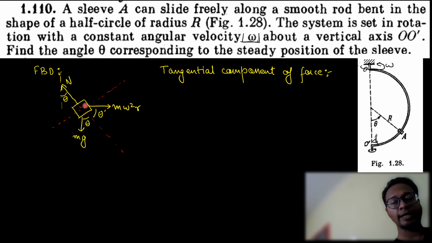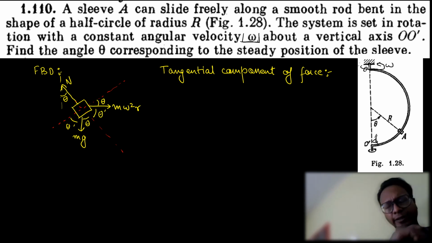Now this line and this line make a 90-degree angle, so if this is 90 minus theta, this will be theta out here. And even out here, if this is theta, this will be 90 minus theta, because these lines are at 90 degrees. So theta dash.